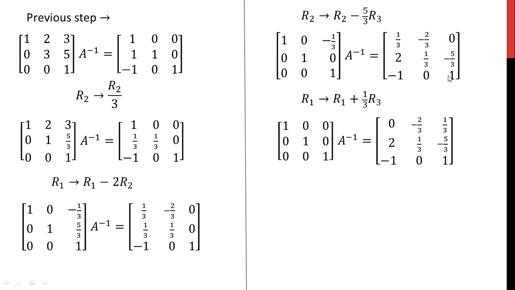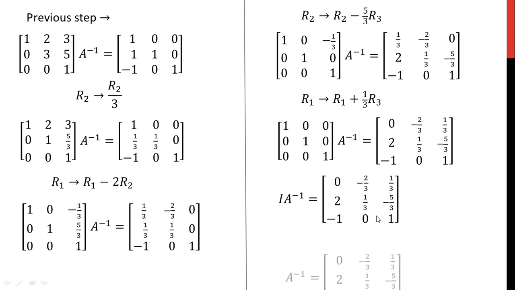So 0 plus 1 by 3 into 1, that is 1 by 3. So here we get 1 by 3. Now second row, third row as it is. Okay, so we get identity matrix. So I into A inverse is equal to this matrix, and we get A inverse. So this is our inverse of the given matrix. Okay, after this row transformation.